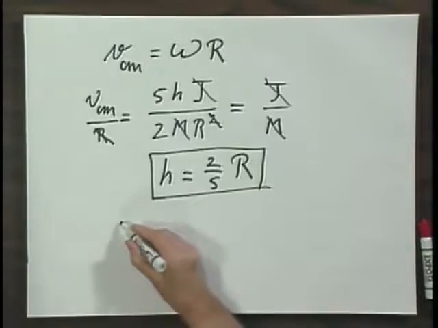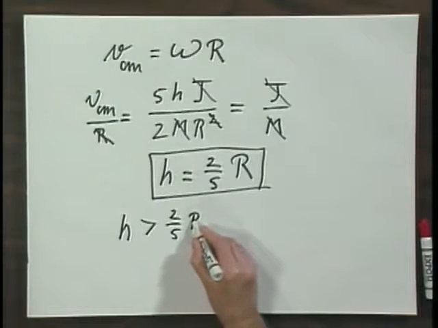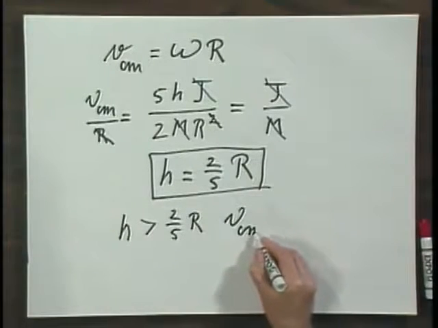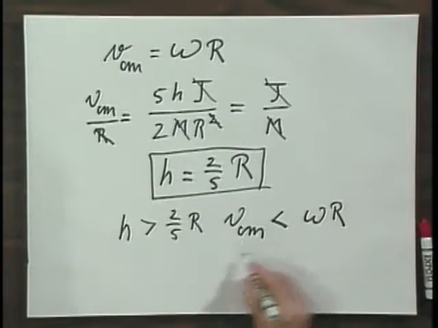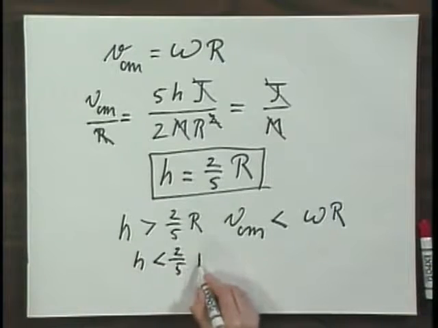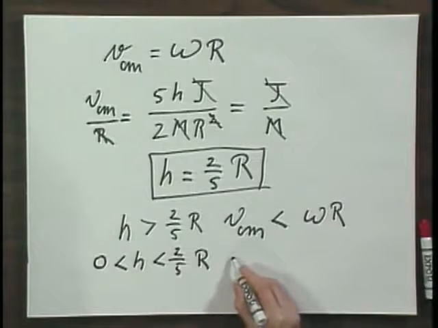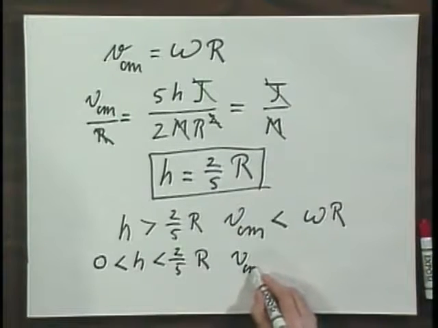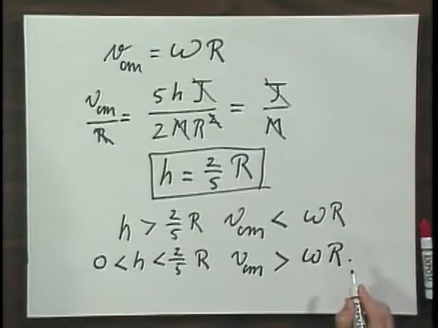If h is larger than 2/5 r, then the velocity of the center of mass will be less than omega r. And if h is smaller than 2/5 r, but let's take it larger than 0, so it will be above point C, then the velocity of the center of mass will be larger than omega r.